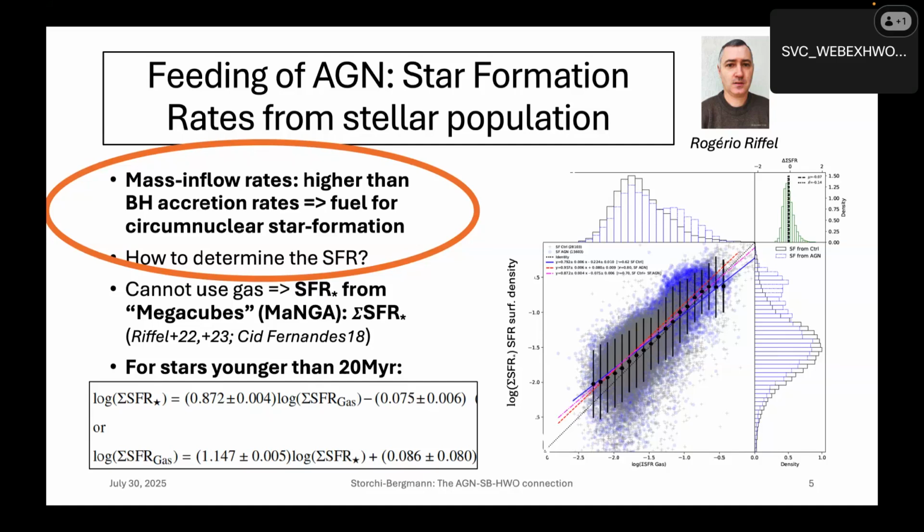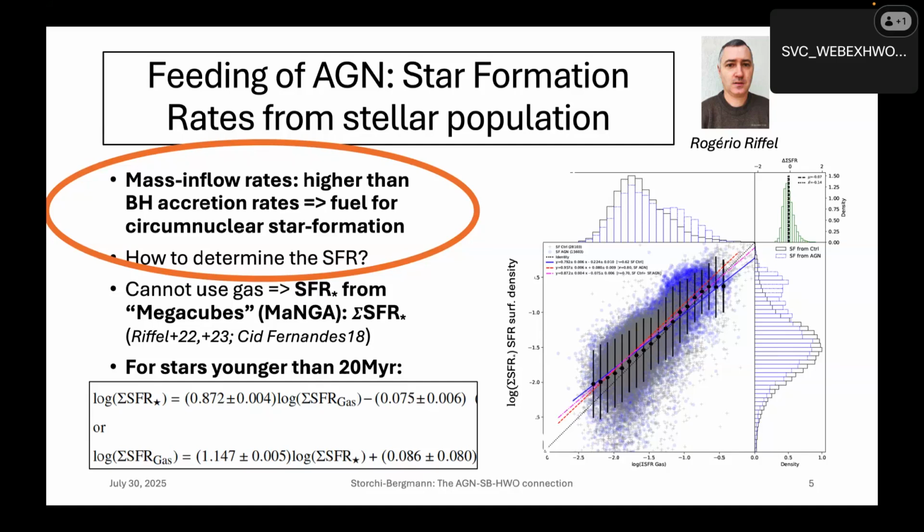So we have studied star formation rates around AGN. In AGN, you cannot use the gas. For example, everybody uses H alpha to calculate the star formation rate, but you have to assume that it's ionized by stars. In AGN, it's ionized mostly by the AGN.